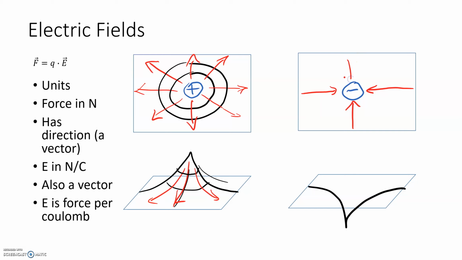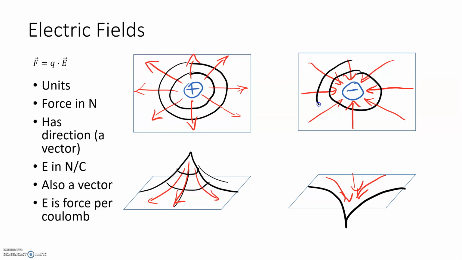So the general shape of the field looks very much the same, except the arrows point in the opposite direction. Because my surface is essentially flipped upside down. And my equipotential lines, again, are concentric circles.